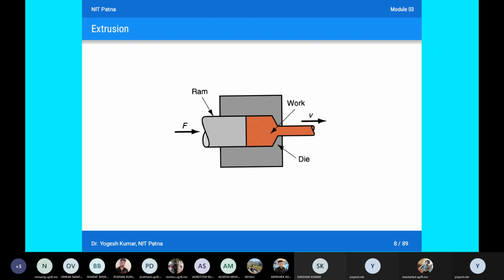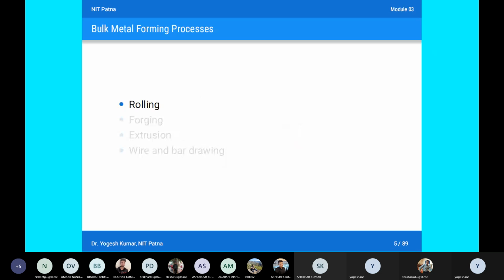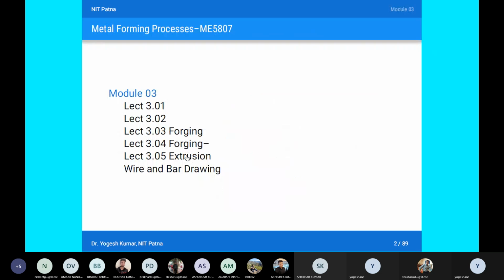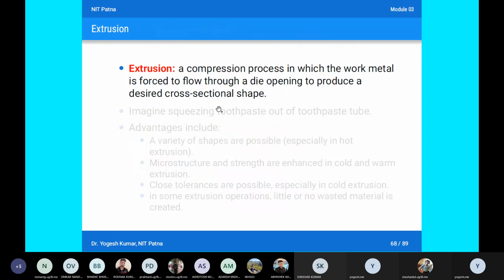So today we are going to discuss different capabilities of the extrusion process, how this extrusion process is done, and what kind of shapes or products can be generated using it.